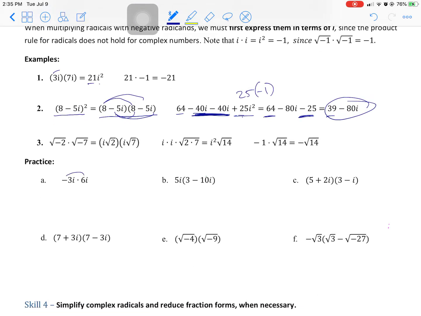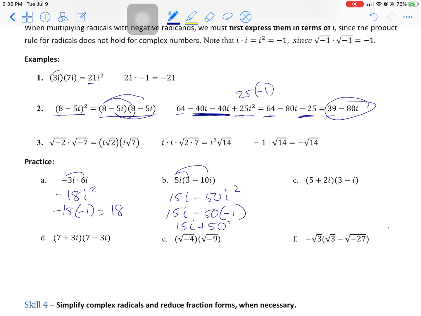So, negative 3 times 6, negative 18 i squared. Negative 18 times negative 1 is 18. 15i, negative 50 i squared. 15i minus 50 times negative 1, 15i plus 50.